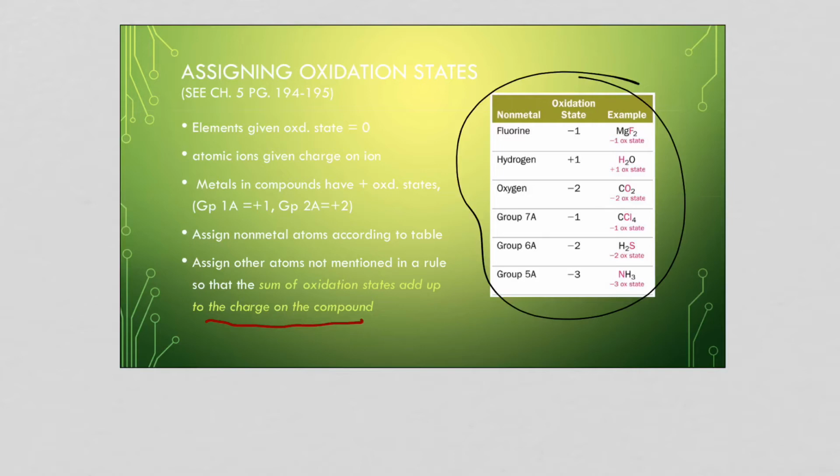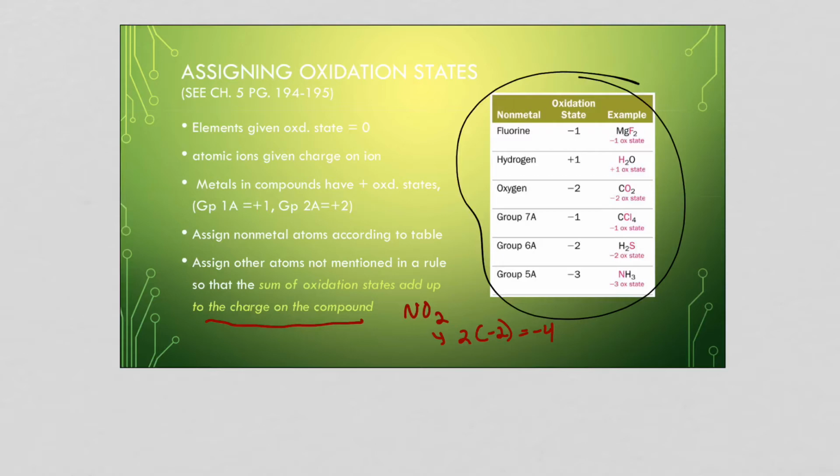So we can see why, if we have an example like NO2, and oxygen gets the -2 charge, we have 2 oxygens, each with a -2 oxidation state.